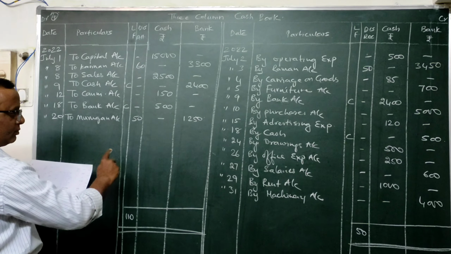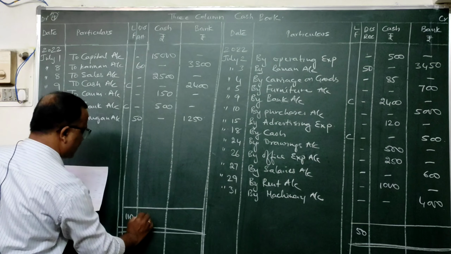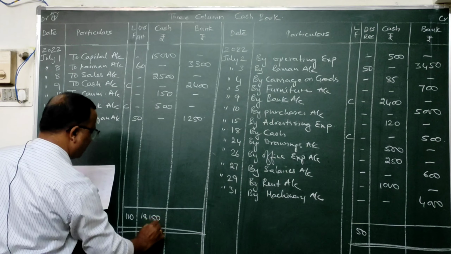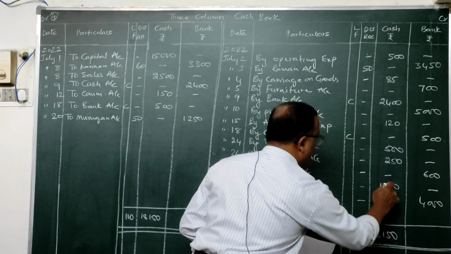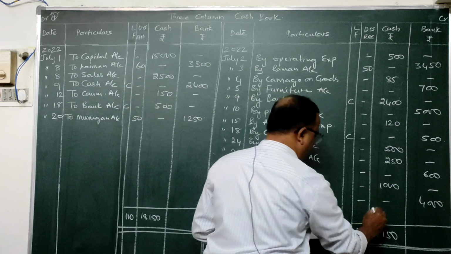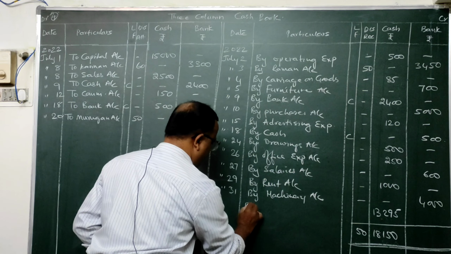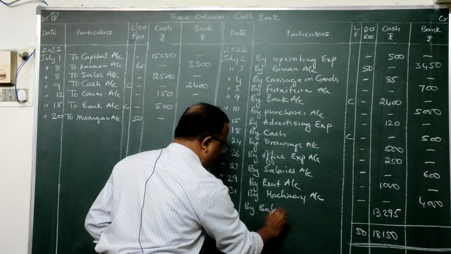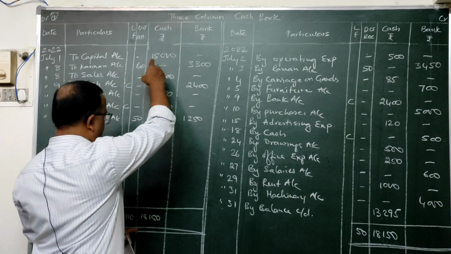So here, debit side total, if you observe, it is 18,150. So 18,150 you will write. So from this you subtract all this amount, you will get a balance of 13,295. So this will be your by balance carried down. Okay, this is on the last date of the month. Debit side total is more.